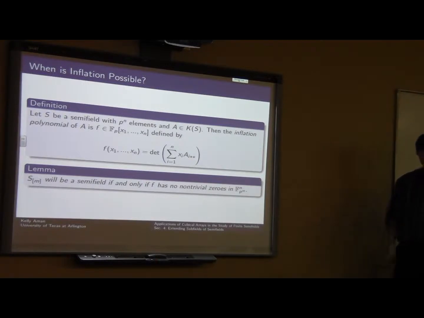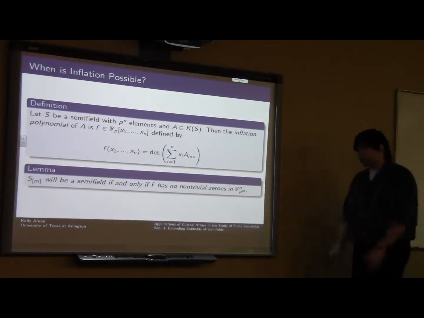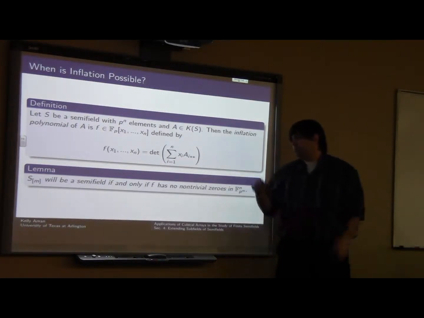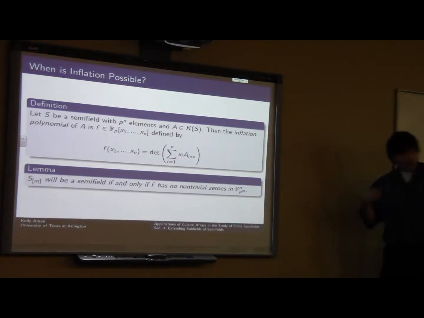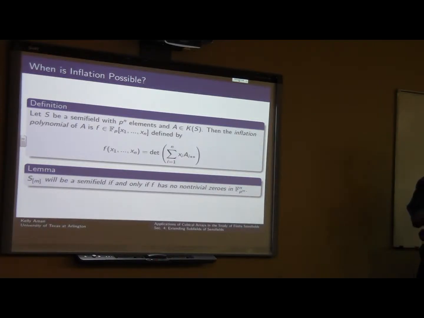You take the determinant of that matrix, and you get a homogeneous polynomial in n unknowns of degree n. The M inflation of S is going to be a semifield if and only if the inflation polynomial has no non-trivial zeros in the extension field F_{p^m}^n.